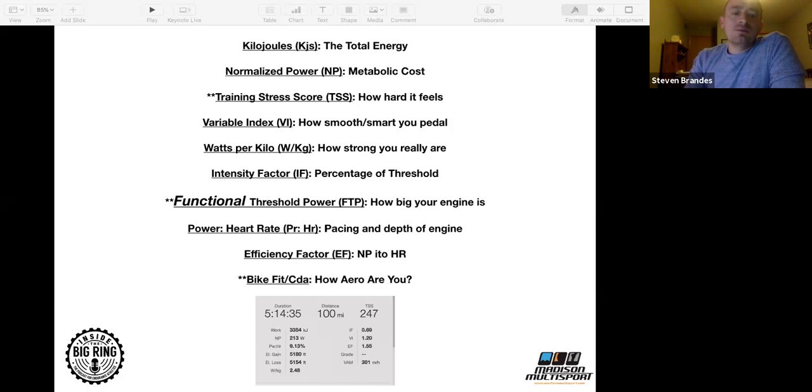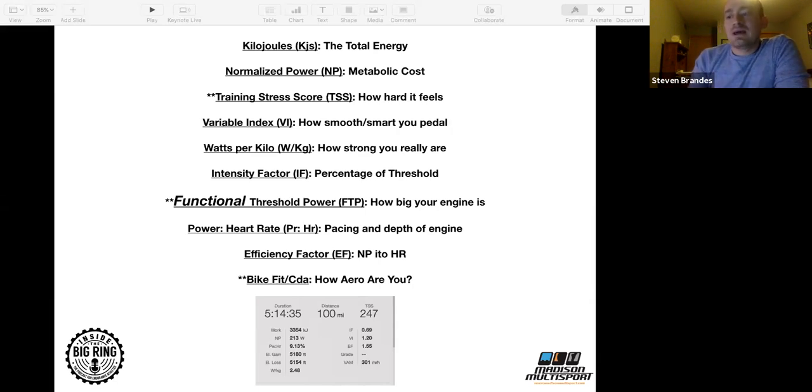Watts per kilo is basically how strong you really are. It differentiates between somebody who weighs 200 pounds versus somebody who weighs 100 pounds, or 200 and 150.